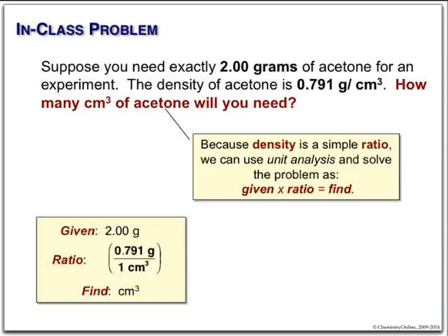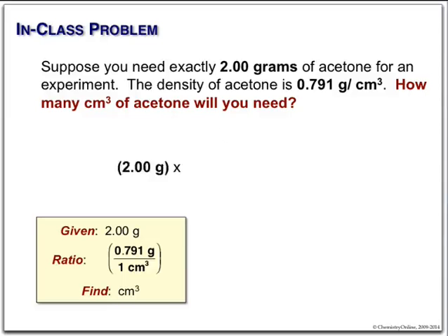Well, our given is the 2 grams. Our ratio is simply going to be our density, 0.79 grams per cubic centimeter. And of course, we're trying to find volume, that's cubic centimeters. So to set this up, we start off with our given. Our ratio must have the units gram in our denominator.